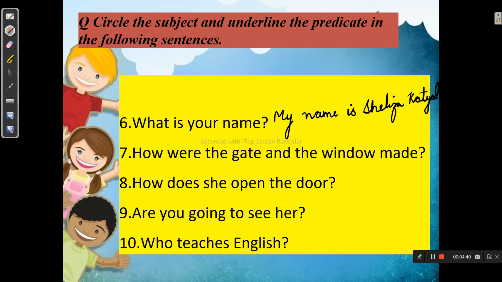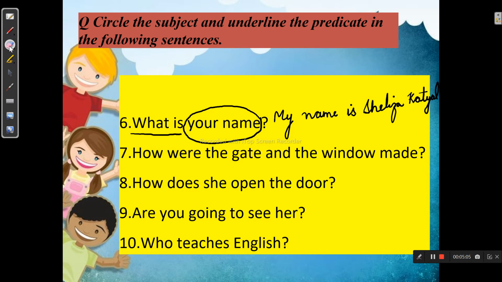I'm talking about my name, right? So is Shaliza Katyal becomes predicate if I try to find out subject and predicate in the answer statement. But if we see the question statement, what is your name? Whom am I talking about in the sentence? I'm talking about your name. So your name becomes subject and what is predicate, right?